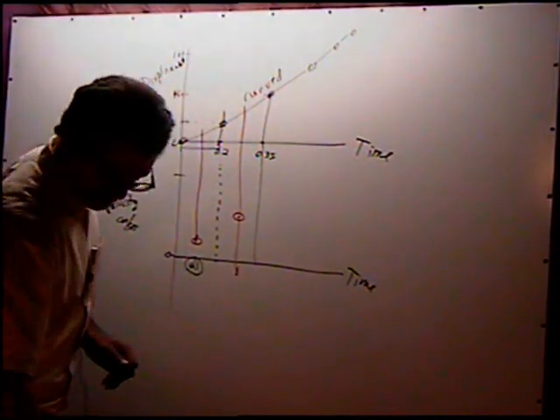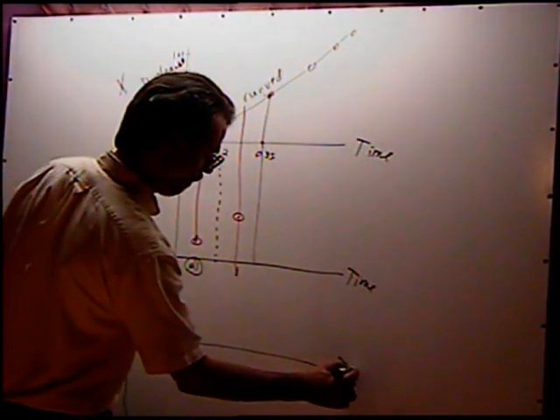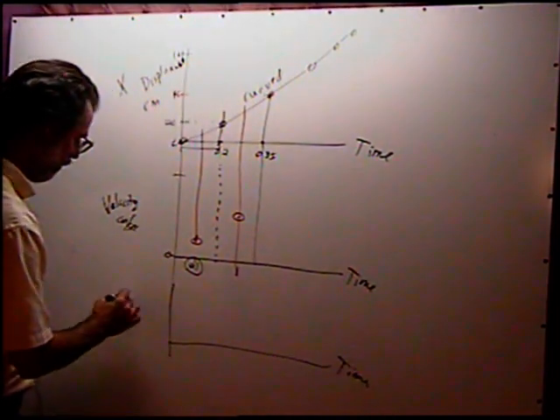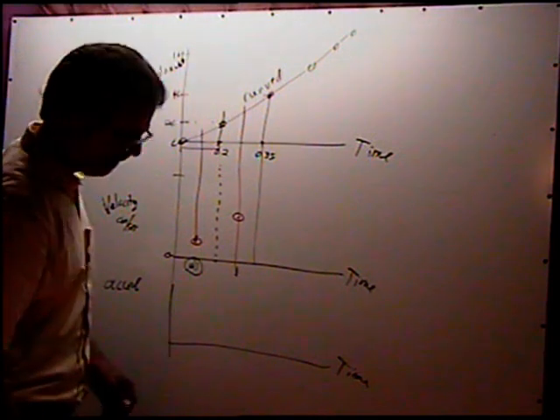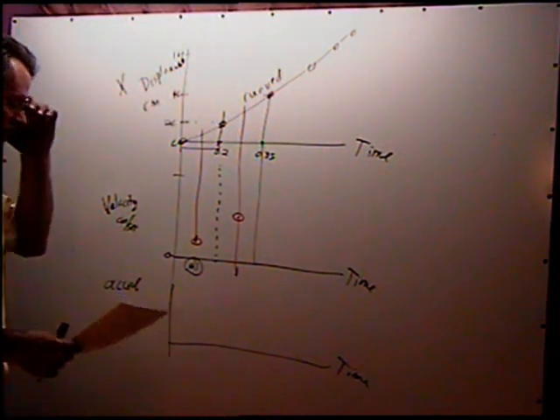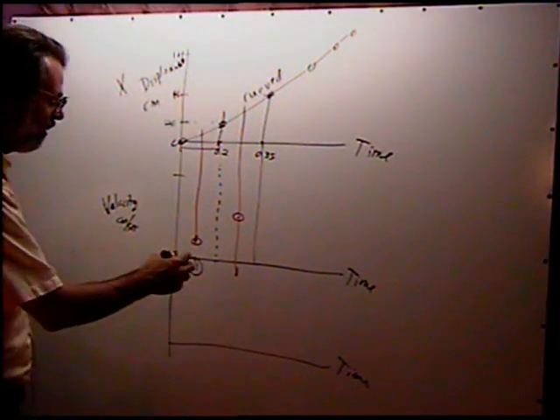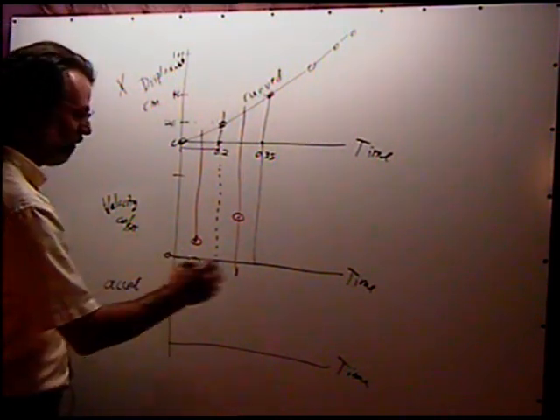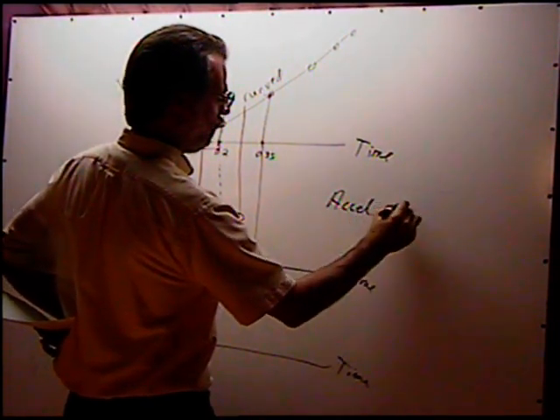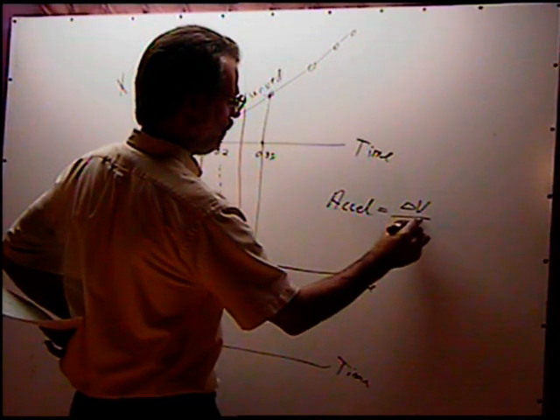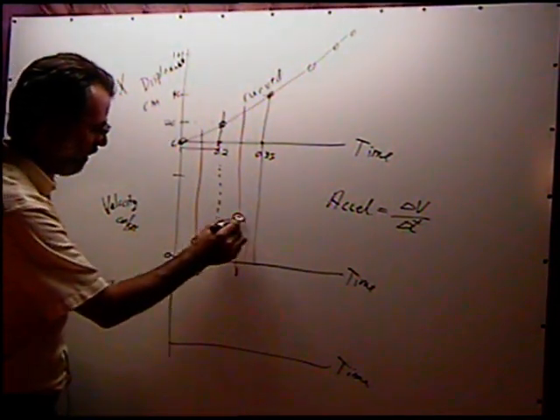And then we want you to plot a third graph down here, again, of time versus acceleration. And this should have a constant acceleration, but it may not. When you get to acceleration, again, acceleration is equal to the change in velocity over the change in time. Notice we have these velocity points from here to here.